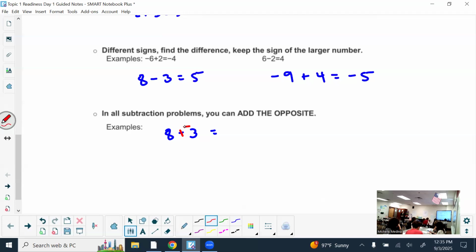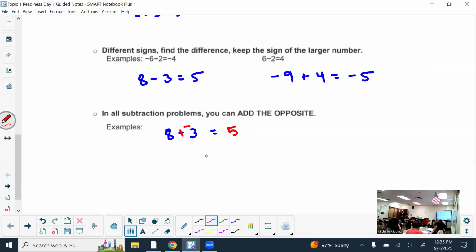Did you really need to for that one? Probably not. 8 minus 3 is already kind of easy to do. But 8 plus -3 is also positive 5, because the 8 is bigger and it's positive. So the answer is good.